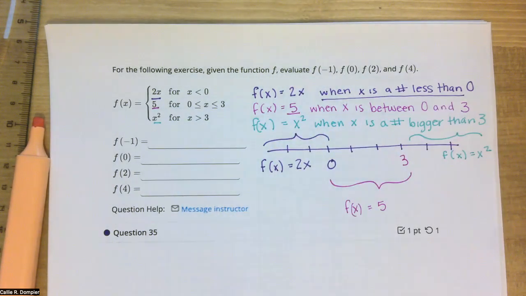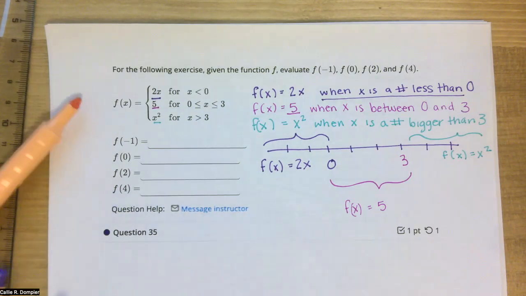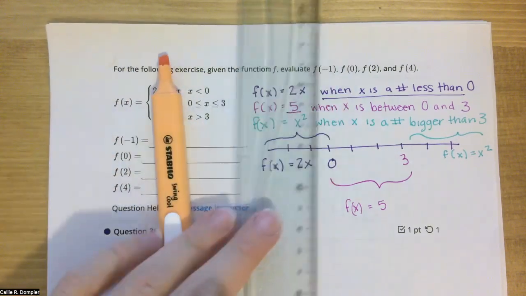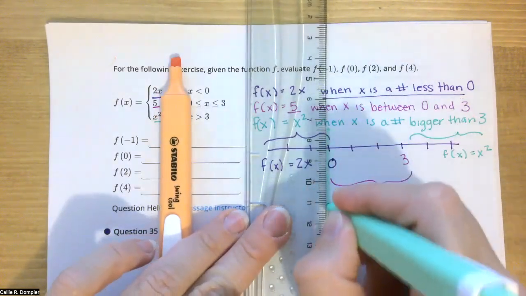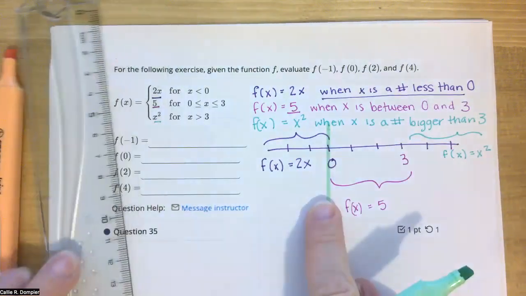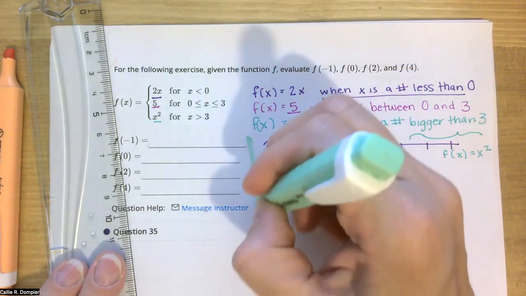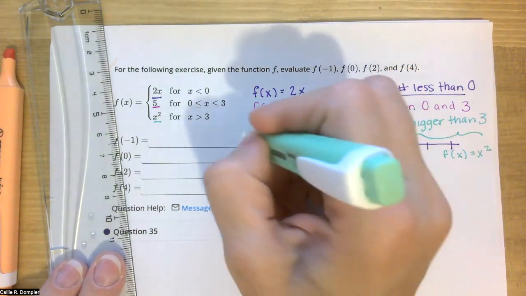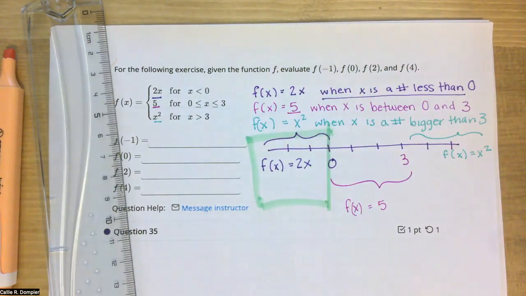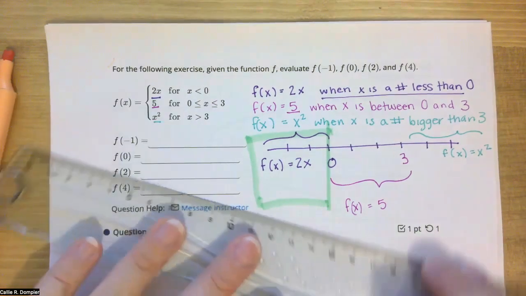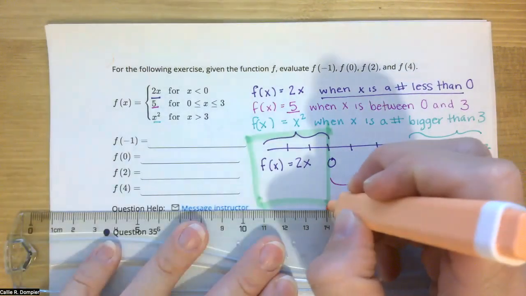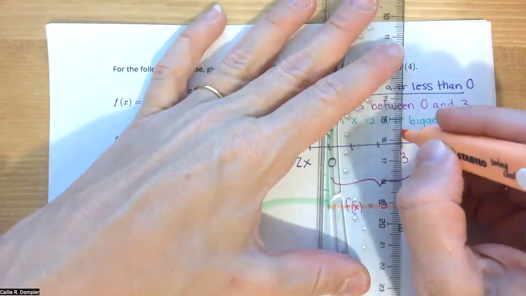So we're just making 3 different categories, right? On the number line, we've got this whole category for if it's less than 0, I apologize. We have this whole category for if it's between 0 and 3.